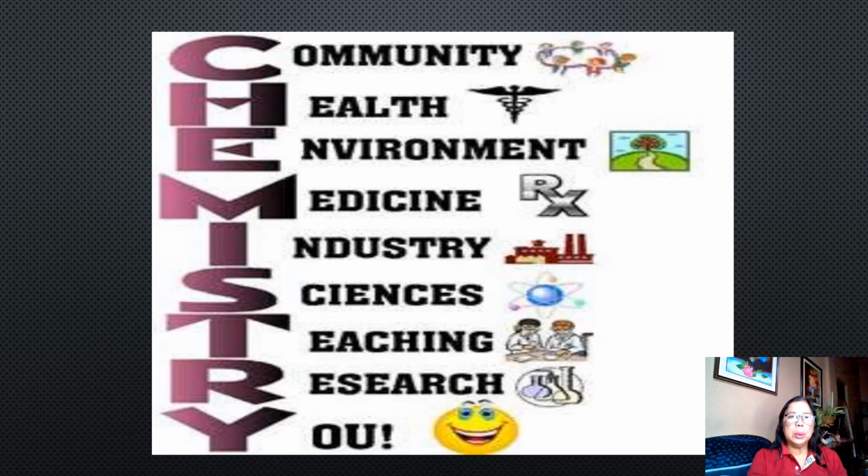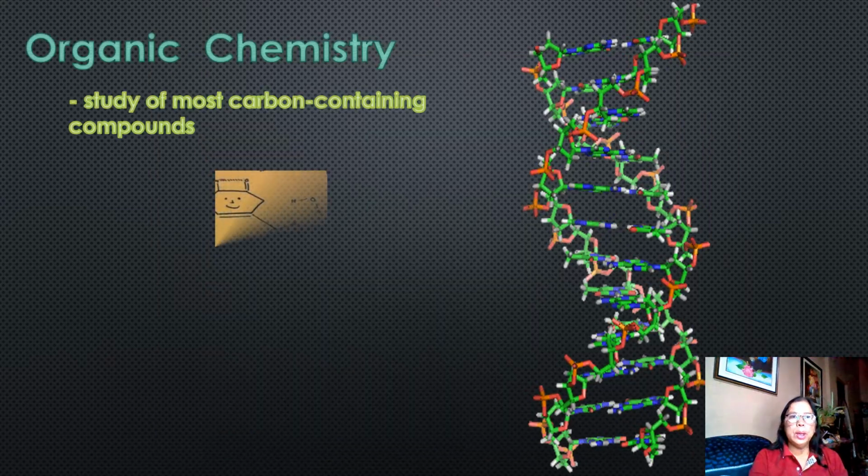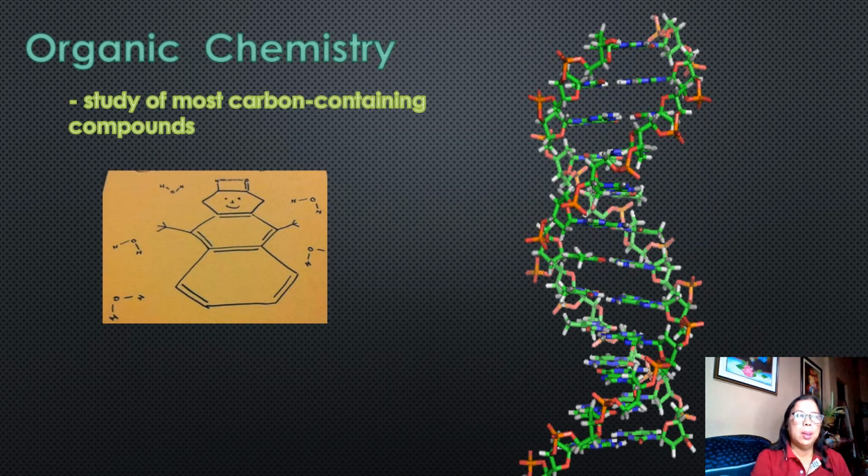So your organic chemistry also focuses on the different fields of chemistry. You could see here all the concerns of organic chemistry: community, health, environment, medicine, industry, sciences, teaching, research, and of course you deal with organic chemistry. What is organic chemistry all about?